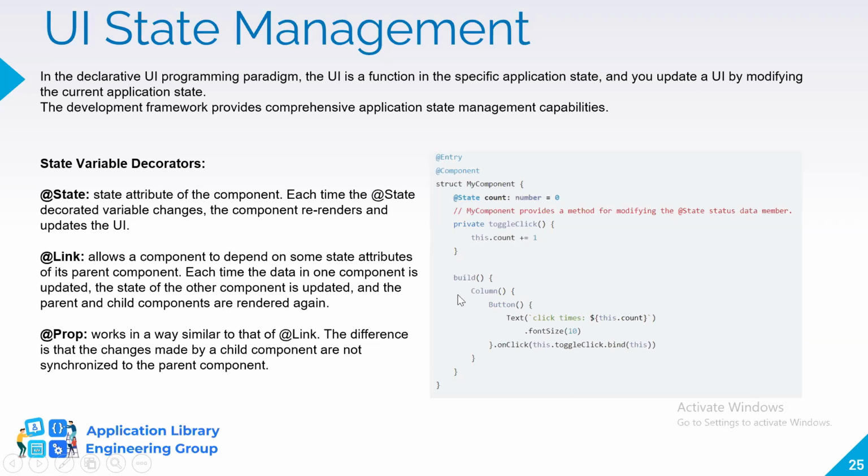So if one of these changes, both child and parent components will be re-rendered, meaning the build method of both parent and child will be called. That's the usage of @Link. And you might have some scenarios where only your child component has to refresh and not the parent component. In such scenarios, you can use @Prop.